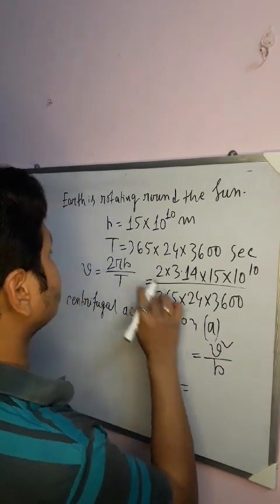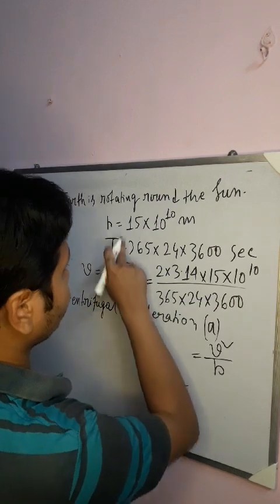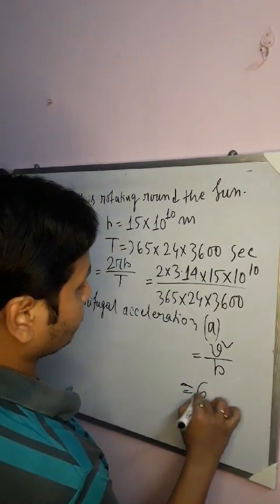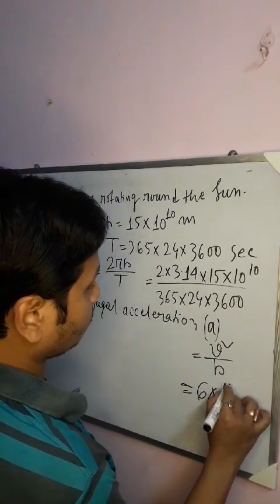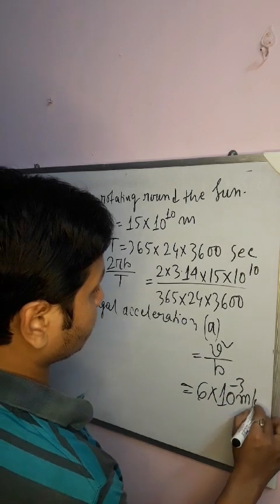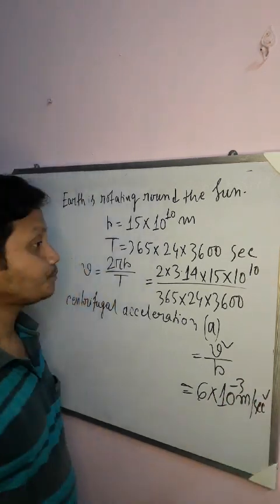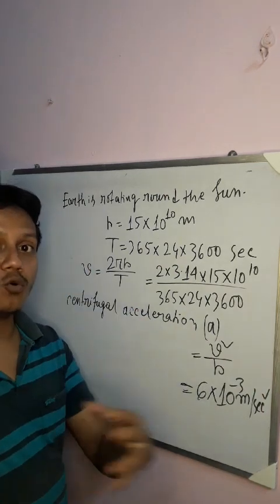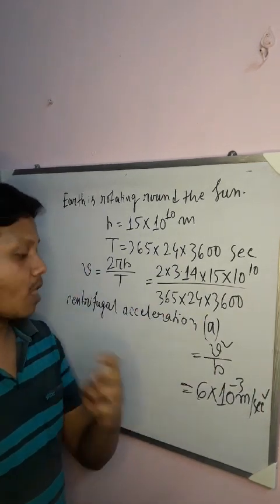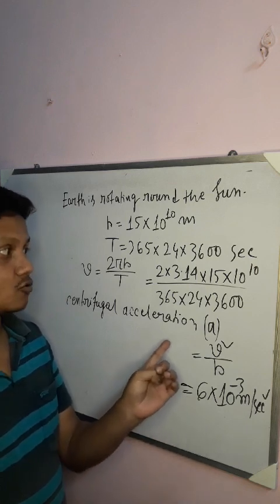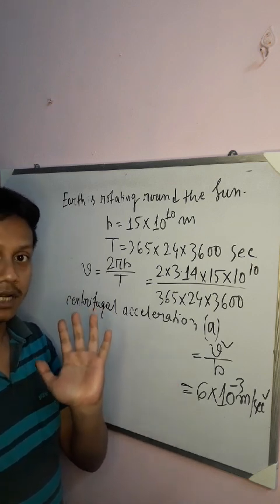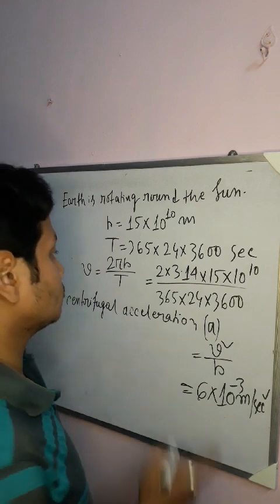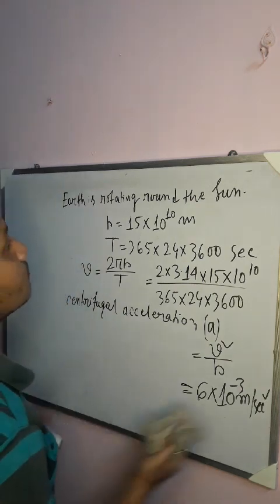If we substitute the values of v and r, the result is approximately 6 into 10 to the power minus 3 meter per second square. So we see that the earth has a centrifugal acceleration due to its motion around the orbit. That's why the earth is a non-inertial frame of reference. So we take the example of the earth.